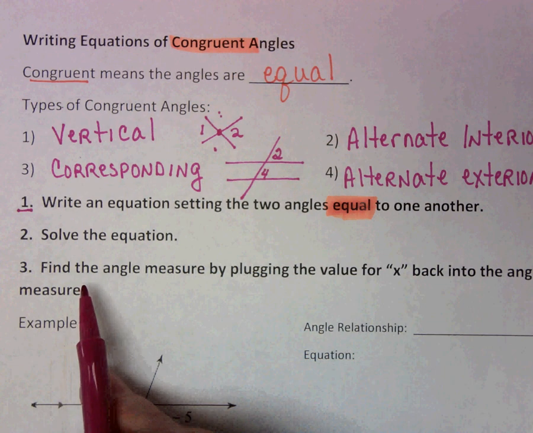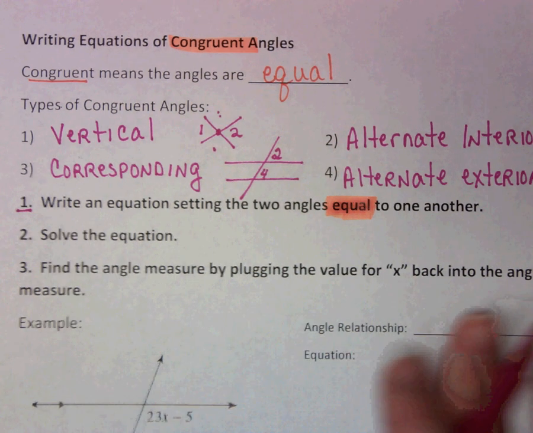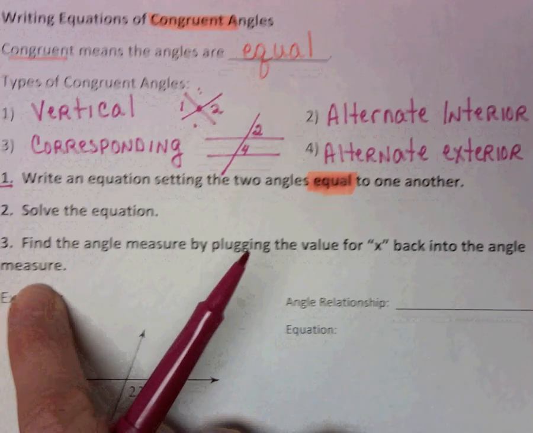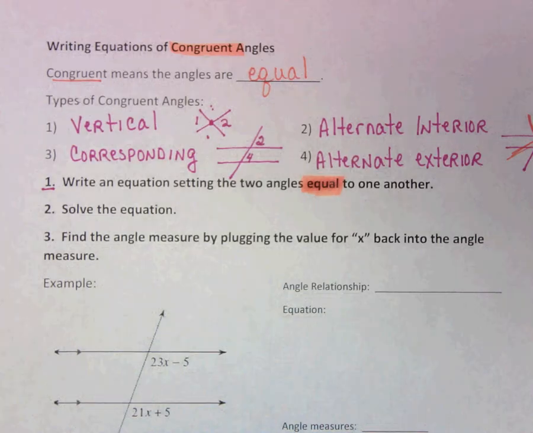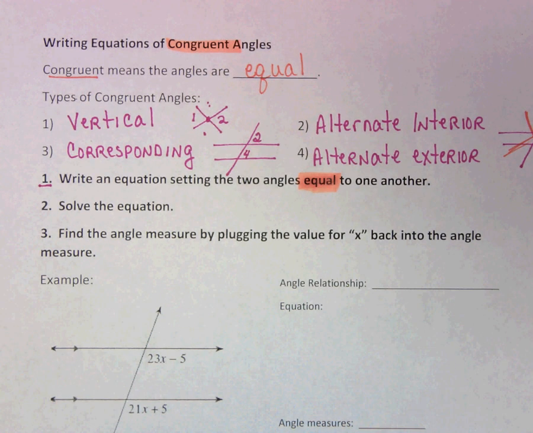Then we're going to find the angle measure by plugging the value for x back into the angle measure. So we're not just solving for x. Sometimes we will, but I actually want to know what is the angle measure. Remember, they're congruent, so they should be the same.